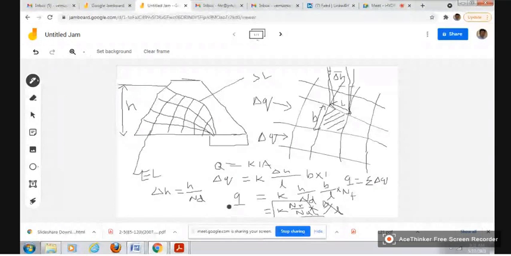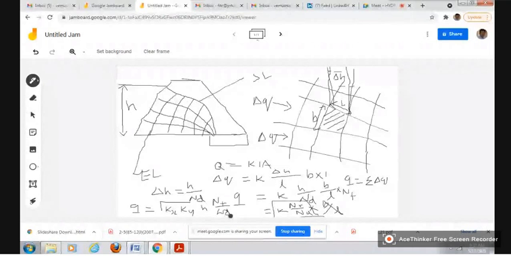Therefore, Q can be written as square root of Kx, the coefficient of permeability in X direction, and Ky, the coefficient of permeability in Y direction, and H is the head causing flow, and NF by ND. This is the equation for anisotropic soil.